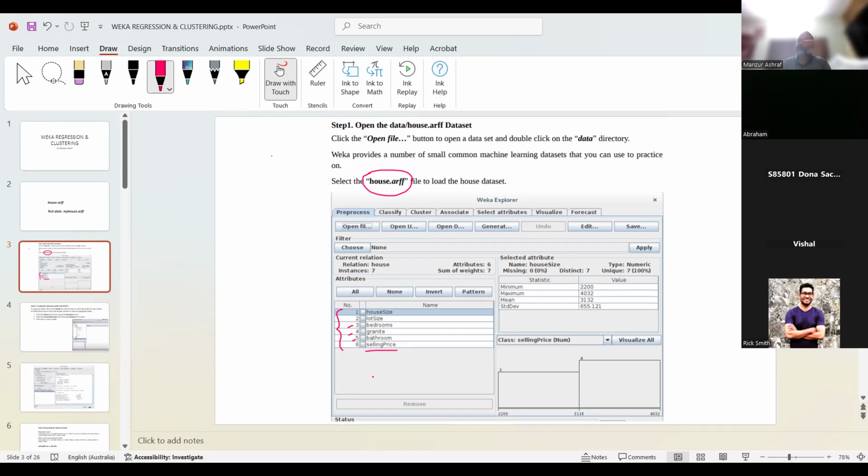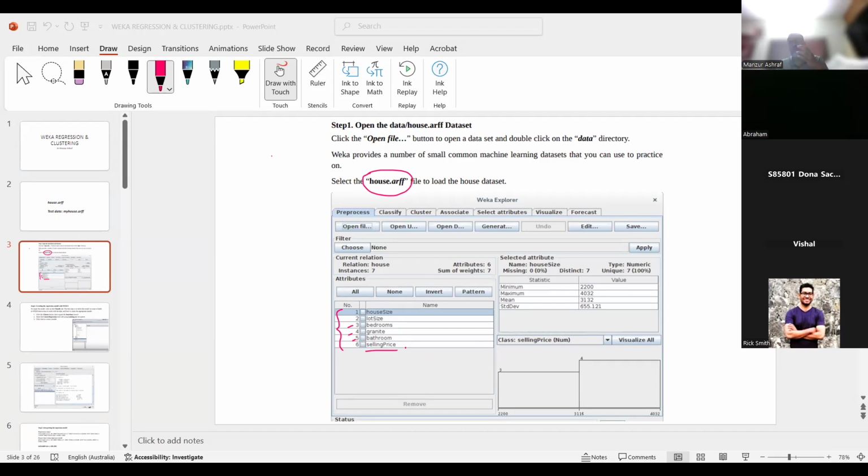Now, what this program is trying to do is this: if I get a list of houses, for example 20,000 or 30,000 houses, in the database where all the house size, lot size, bedrooms, granite, bathrooms and the selling price are given, my program will try to learn that data.